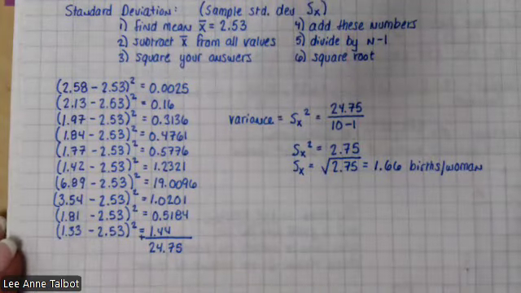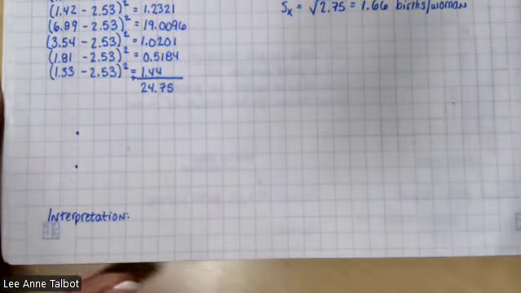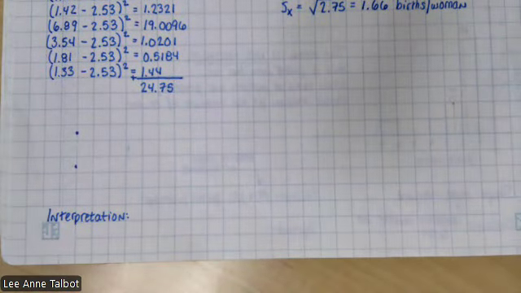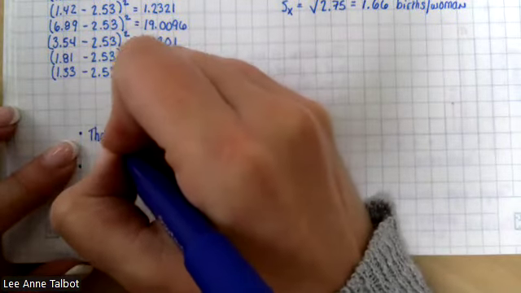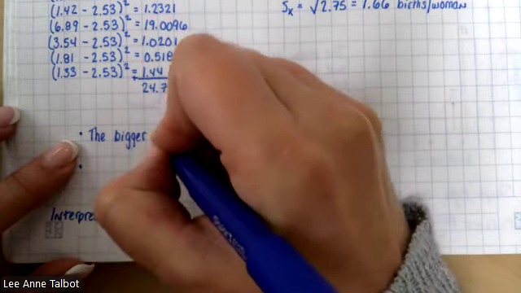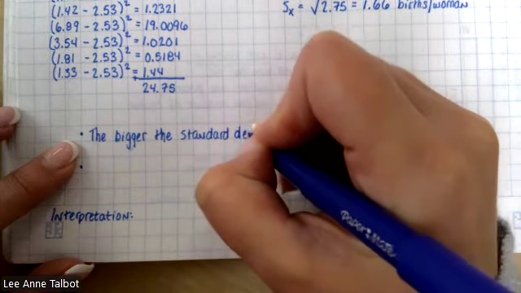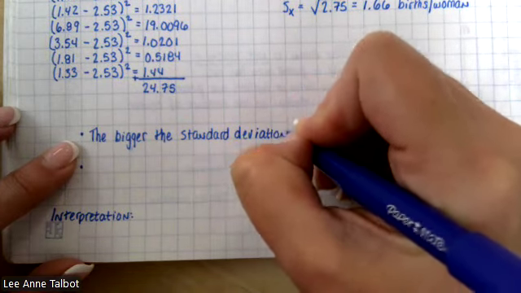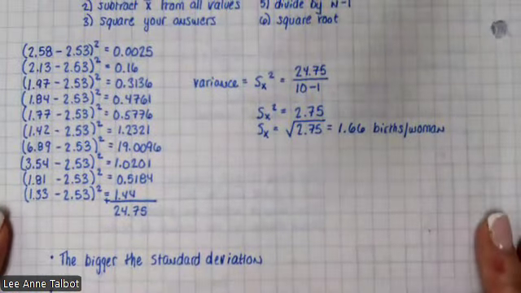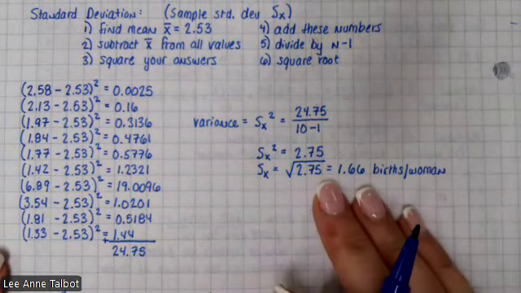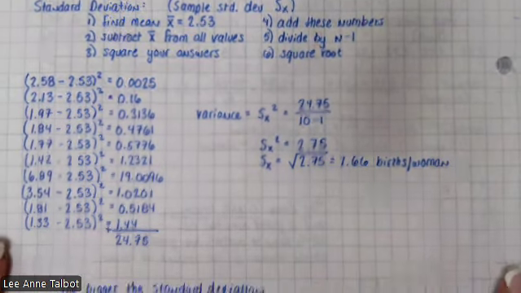Okay. I want to say a couple of facts about standard deviation and then interpret the standard deviation. First, what is standard deviation? So you did all of this beautiful calculating here and you got a number and you know how to follow the steps of the calculations, but what did you actually find?